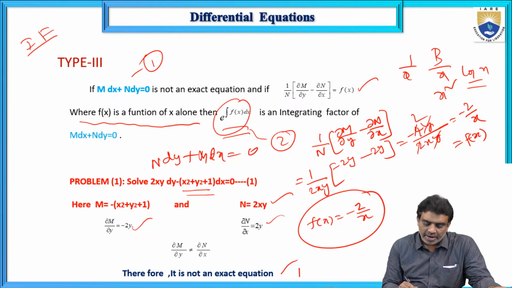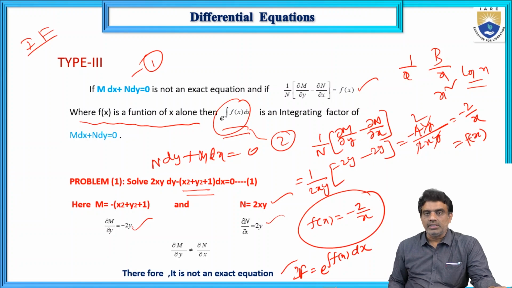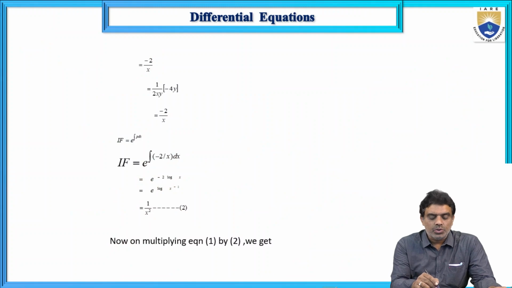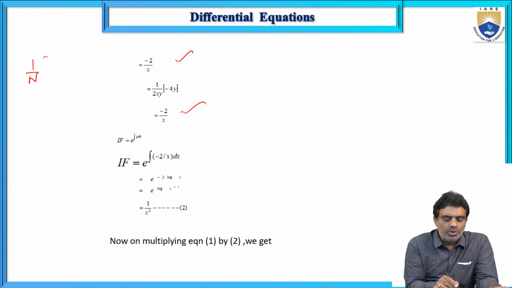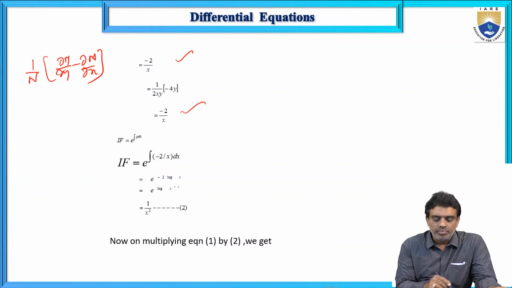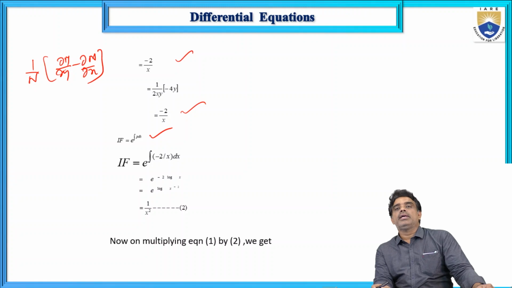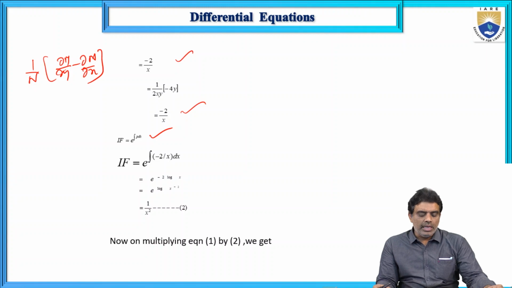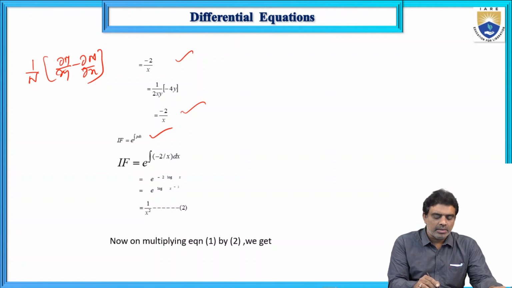Then what is the integrating factor? The integrating factor is e to the power integral of f(x) dx. Here -2/x is the pure function of x, so the integrating factor is e to the power integral of -2/x dx.